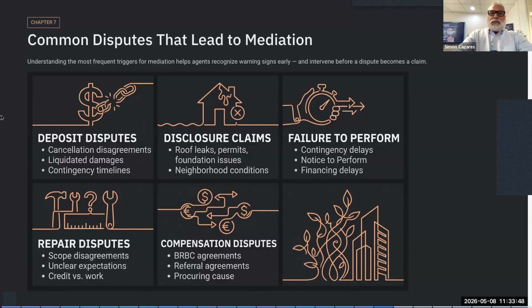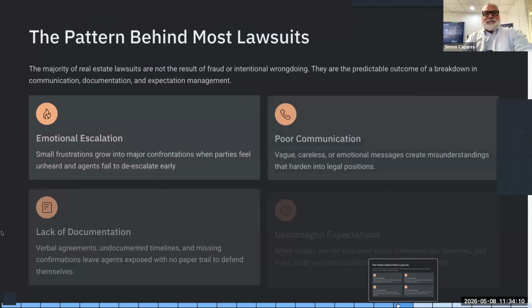Repair disputes: scope disagreements, unclear expectations, credit versus work. Compensation disputes: BRBC agreements, referral agreements, and procuring cause are some of the most likely situations that we see going to mediation. So be mindful and understand your position.